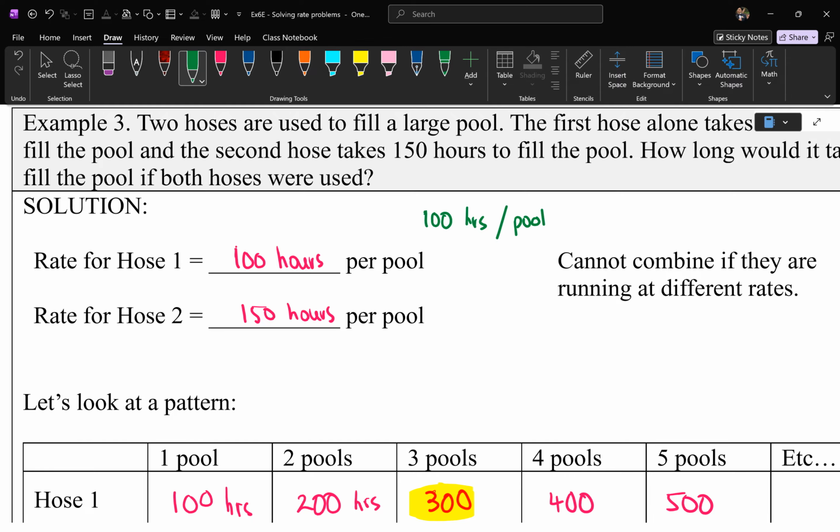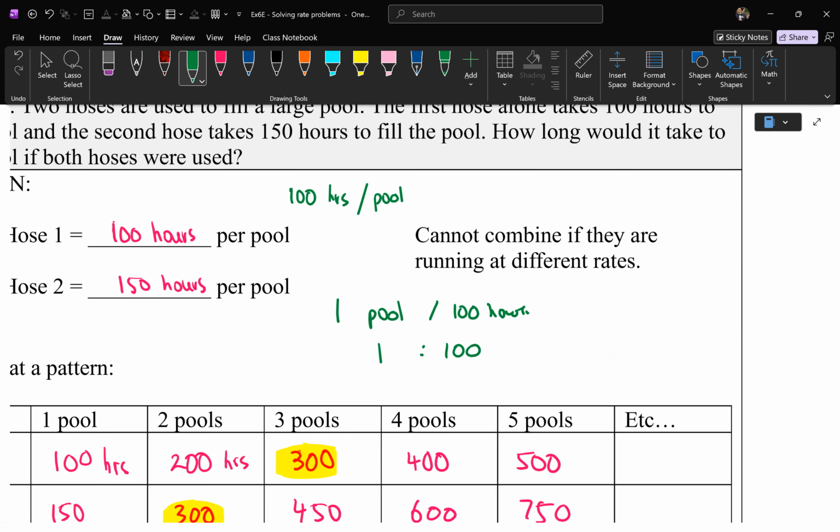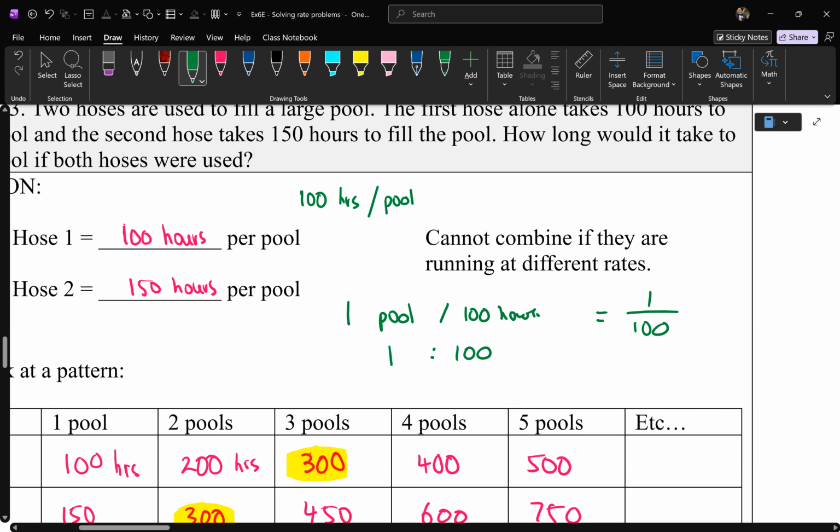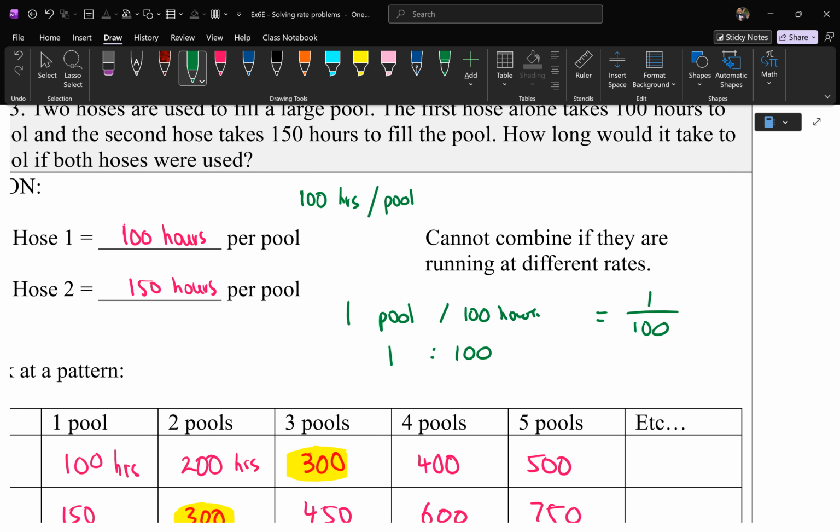And you can think of it as one pool per 100 hours. But that's as a rate. If you write it as a ratio, it looks like this: 1 to 100. If you write it as a fraction, it actually looks like this. That 1 represents number of pools. That 100 represents number of hours.